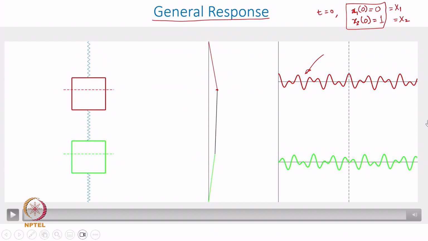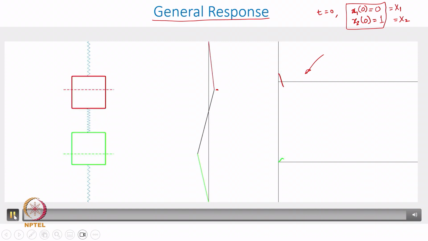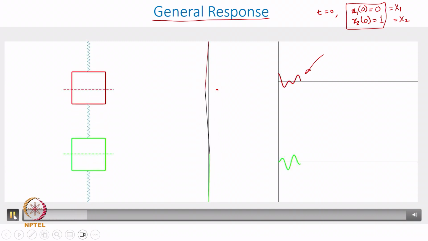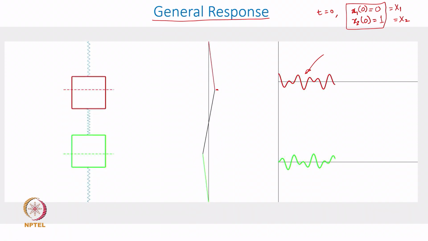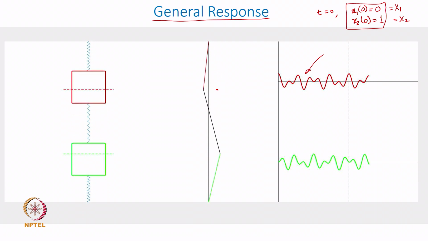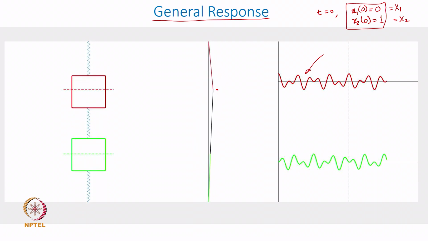And the animation that you observed here is definitely not harmonic, okay. It is just an arbitrary free vibration response where the first mode contributes, the second mode will also contribute, and that is precisely the way the motion is going to take place, okay.